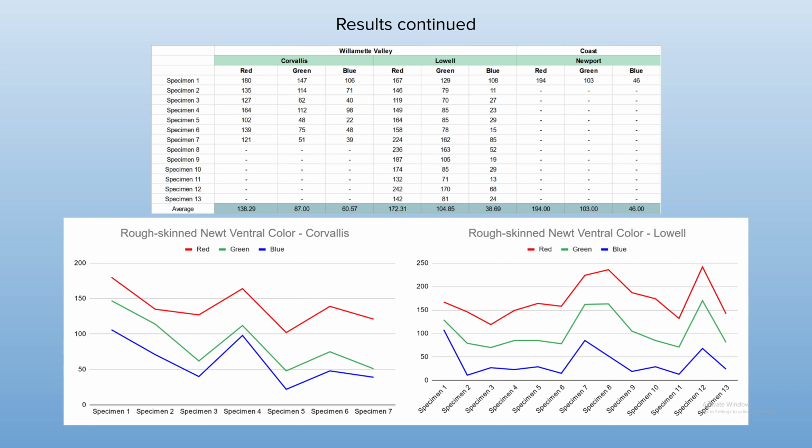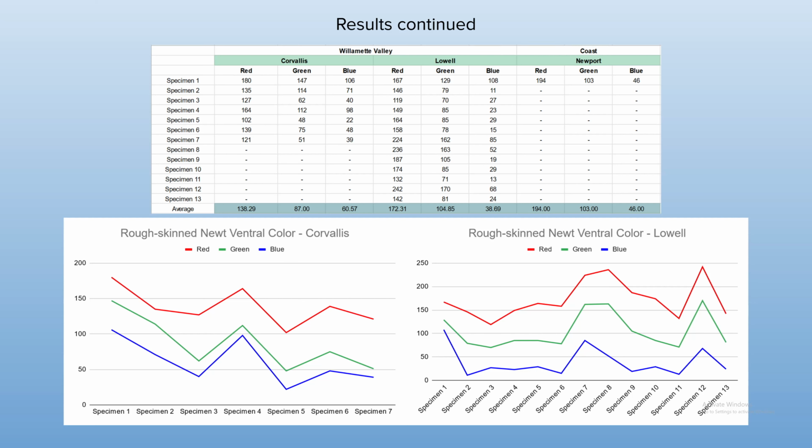For example, if you look at the graph for Corvallis on the left, specimen 3, that little valley, the difference between the red and the green is approximately the same as the difference between the red and the green for specimen 4, specimen 5, specimen 6, specimen 7. This difference also holds if you look at the Lowell graph on the right.